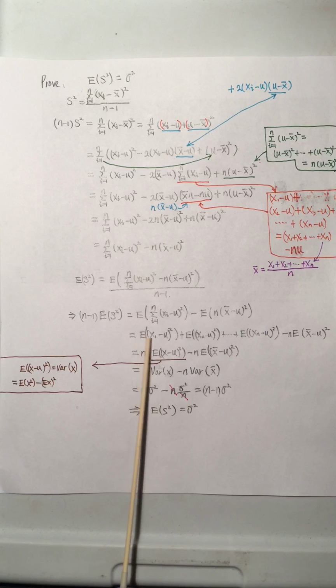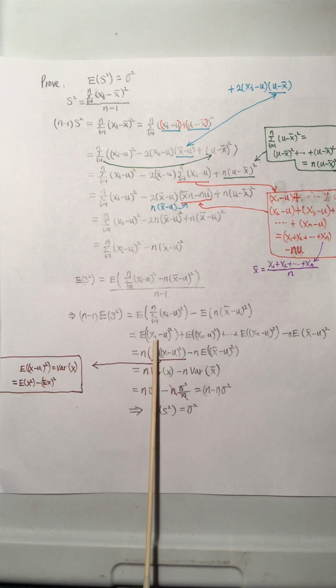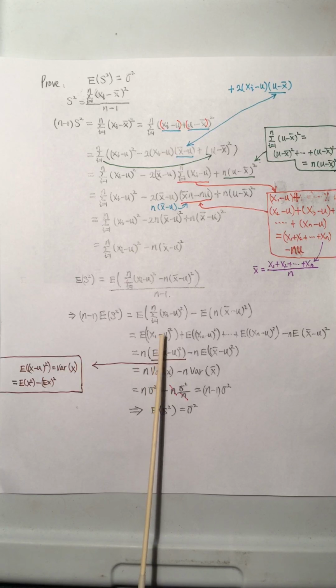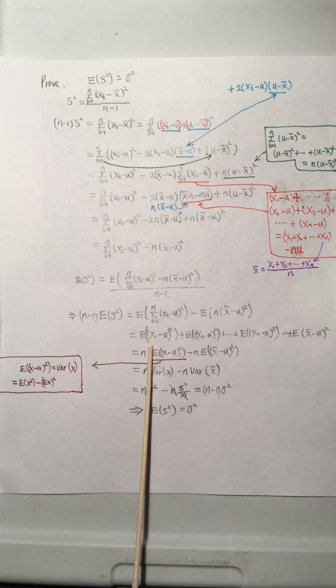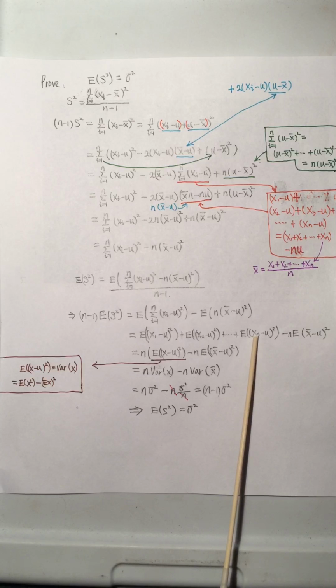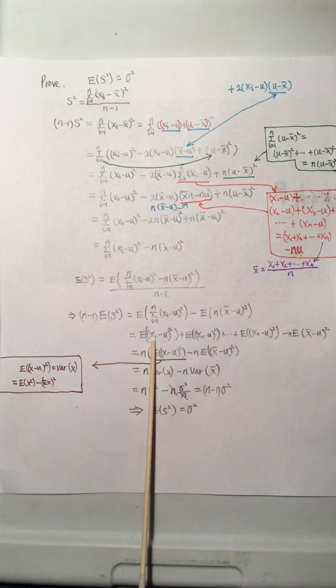And the expectation of (x1 minus mu) squared is just the same as the expectation of (x minus mu) squared, because x1, x2, and xn all have the same distribution as x.